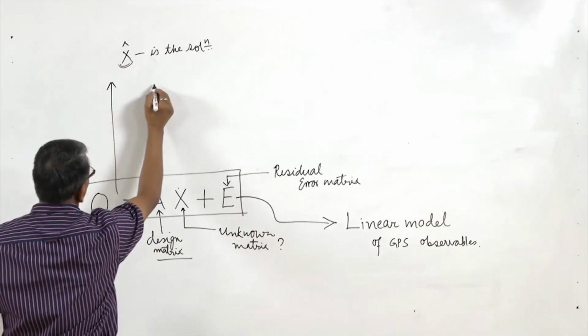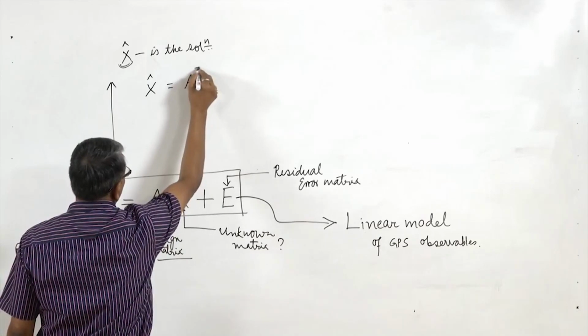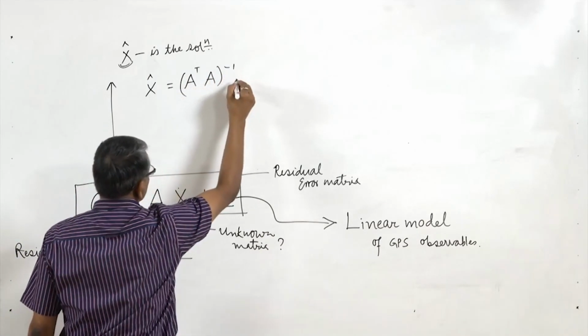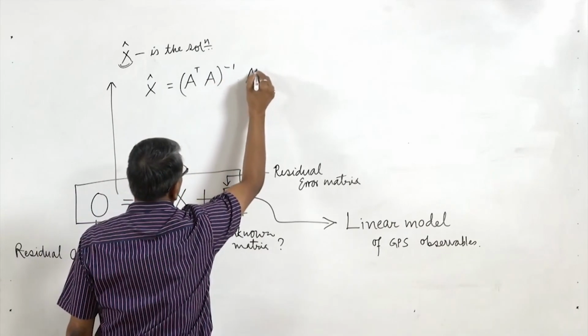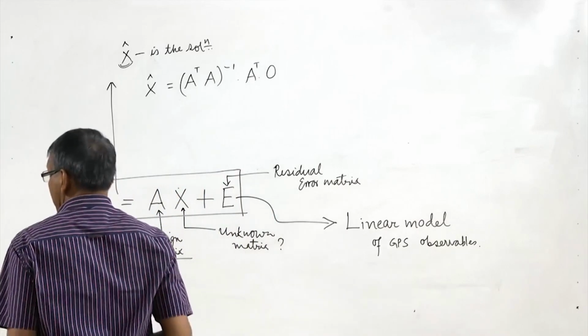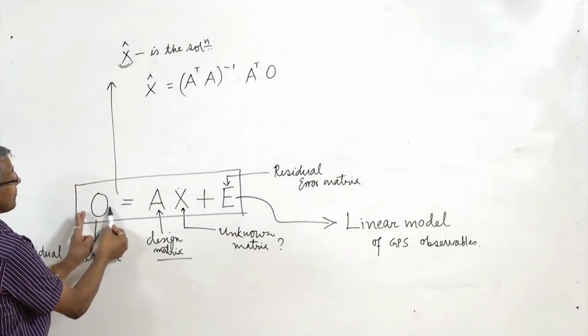then we get it from A transpose A inverse A transpose O. So, the matrix O we have already seen, this is known.